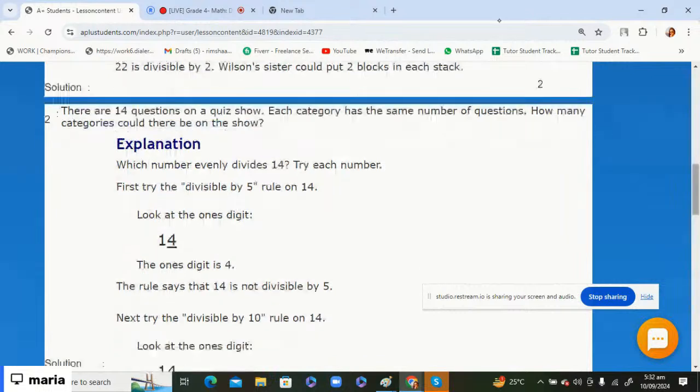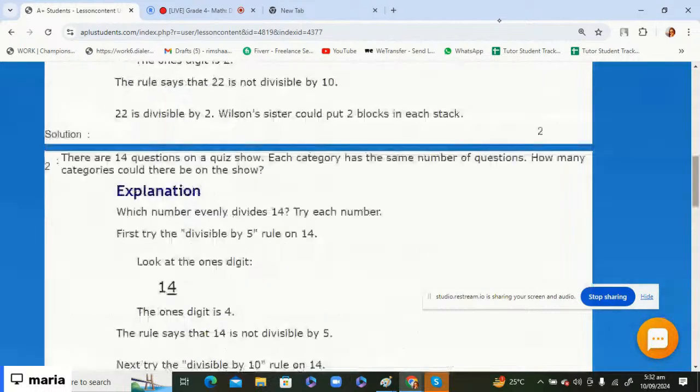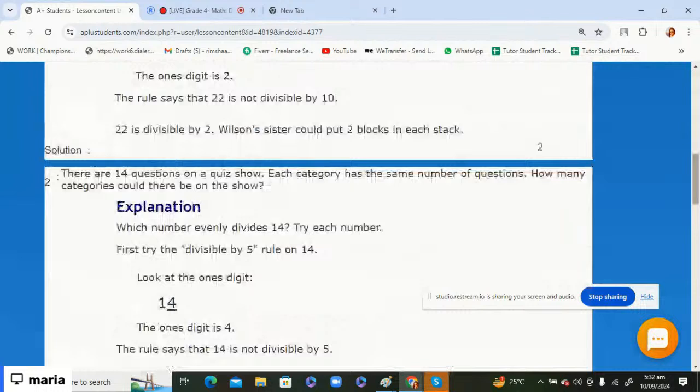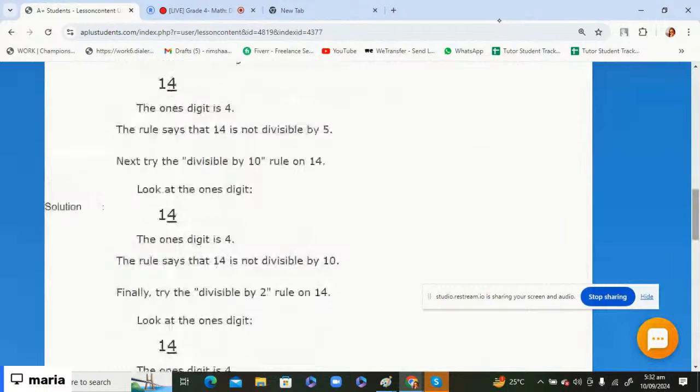So 2 times 7 is 14. Is it 5? 5 times 2 is 10 and 5 times 3 is 15. Then it's 10. No, 10 times 2 is 20. So only the 2 again.